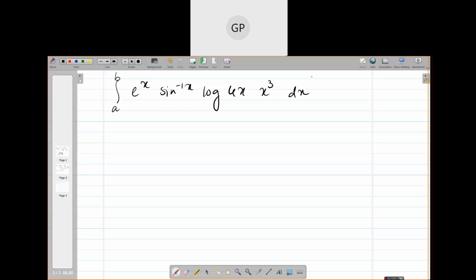techniques. Okay? And there are three formulae we are going to derive.